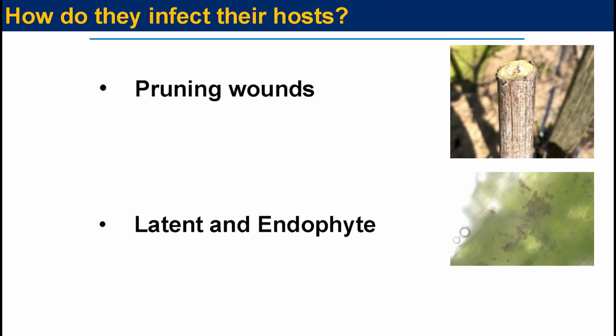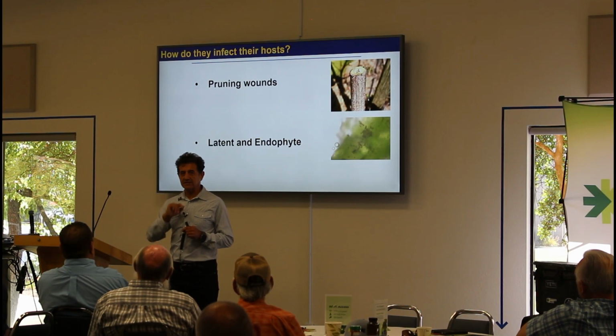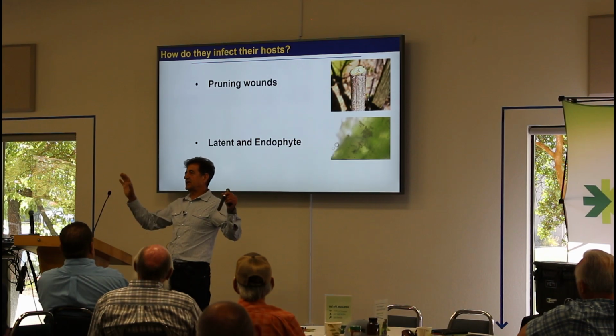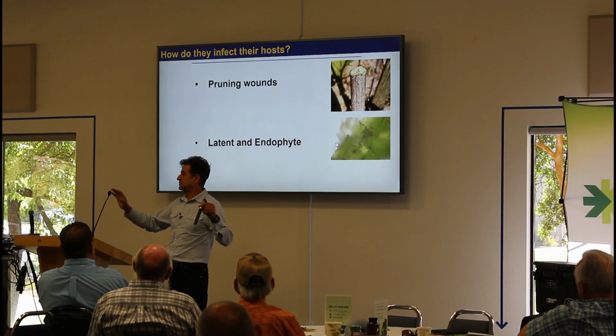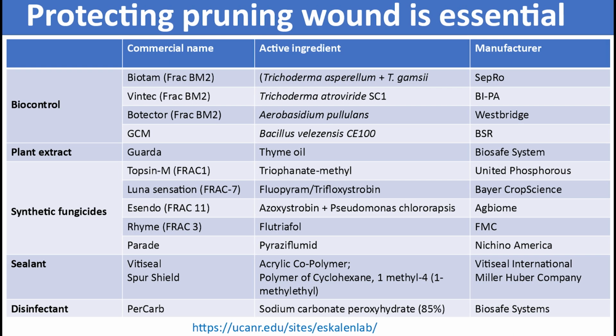What does that mean? Some of these pathogens, very interestingly, can be present in the healthy tissue of the plant without causing any disease. They just stay there. The plant's defense mechanism is good, life is good, everybody is happy, no problem.